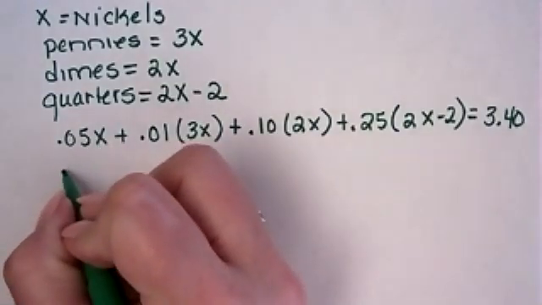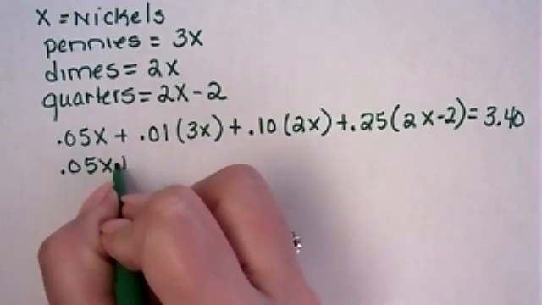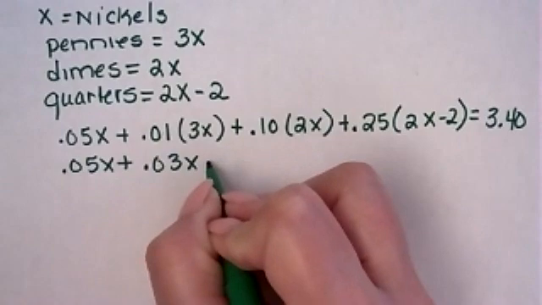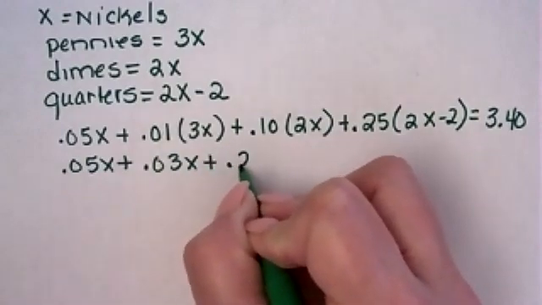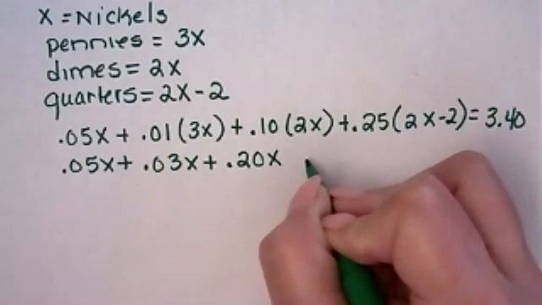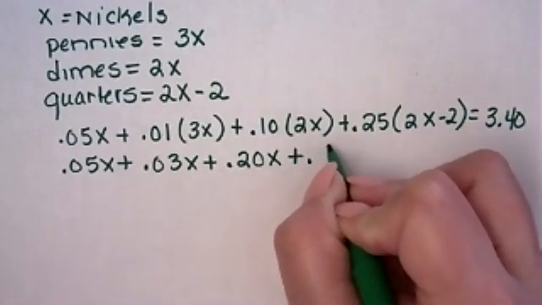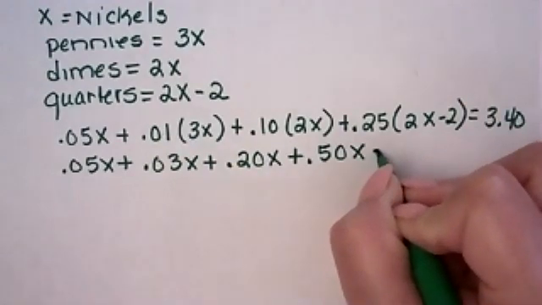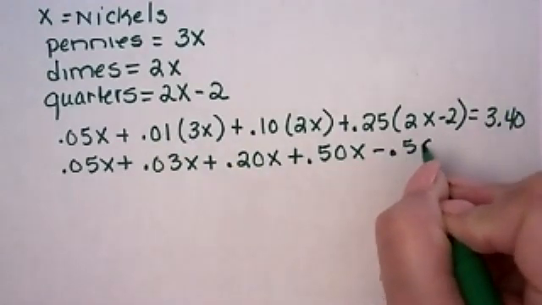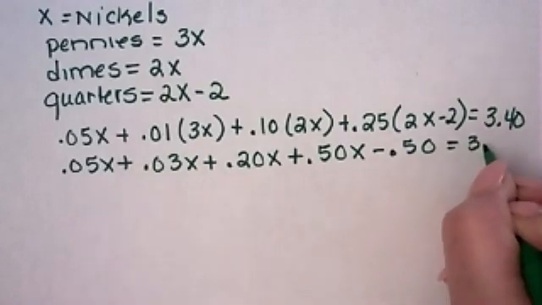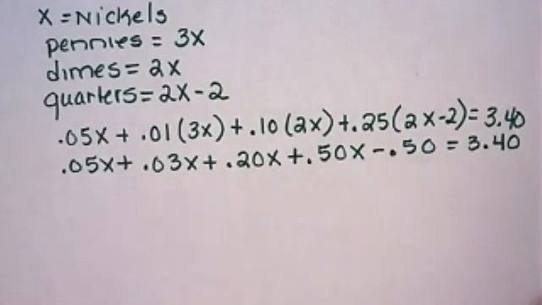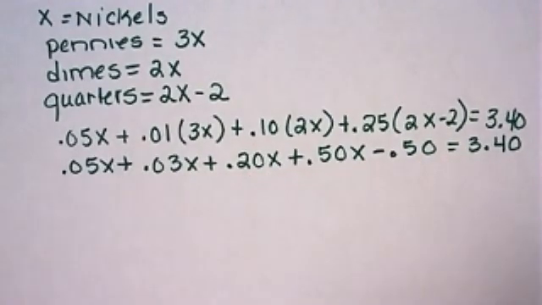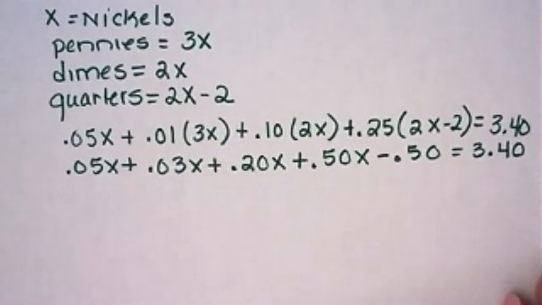Okay, so 0.05x plus, right here I'm going to have 0.03x plus 0.20x plus 0.50x minus 0.50 equal to 3.40. Again, those ending zeros, optional or not. I just left them because it's money and it's 2 decimal places.